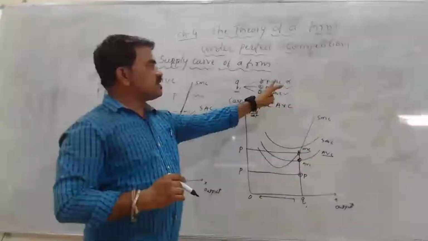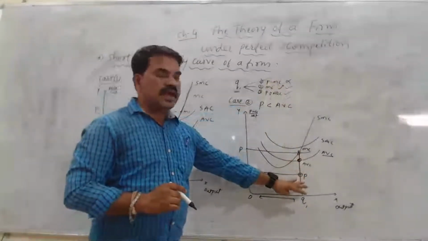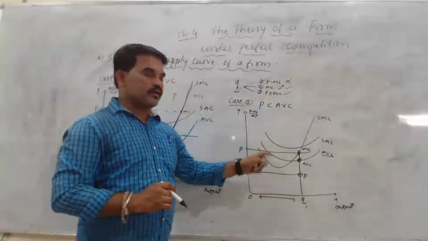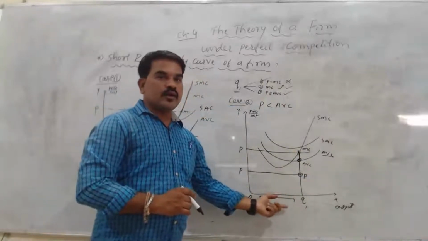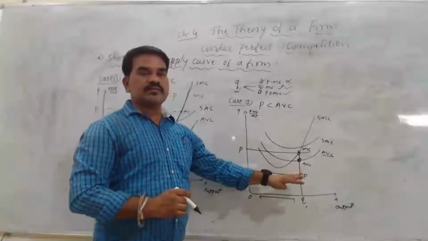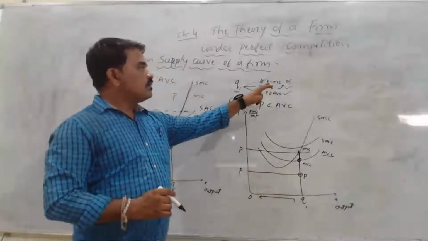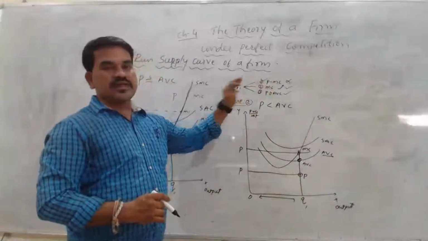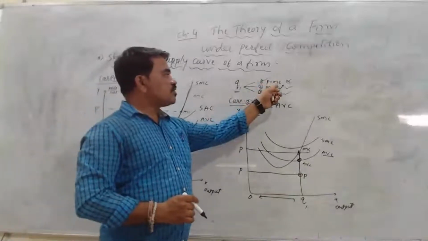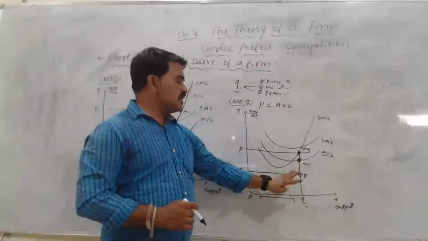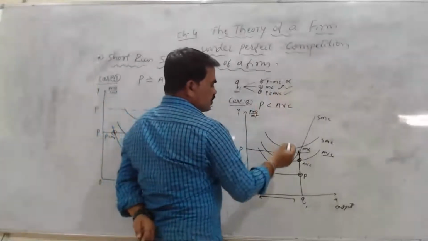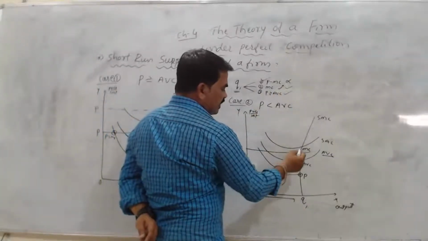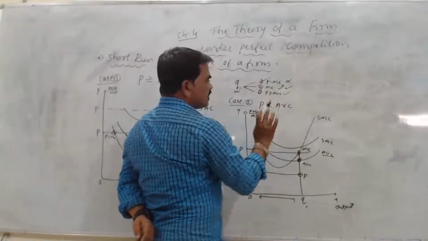When even one condition is not satisfied, this quantity will not bring him maximum profit. If he produces OQ1 quantity, it will not give him a maximum profit because these three conditions are not satisfied. Here marginal cost and price are not the same. If we look ahead, marginal cost is increasing, so it is satisfying the second one.